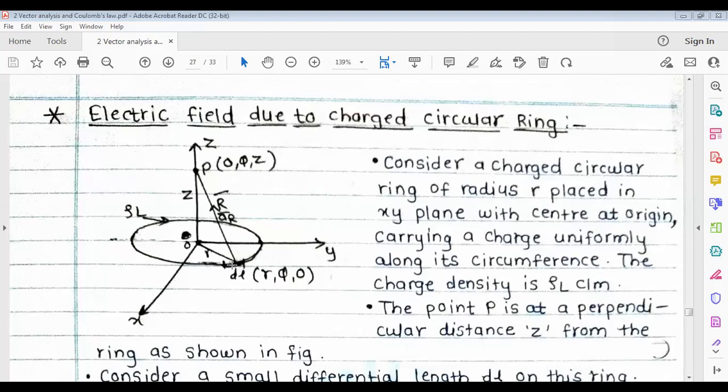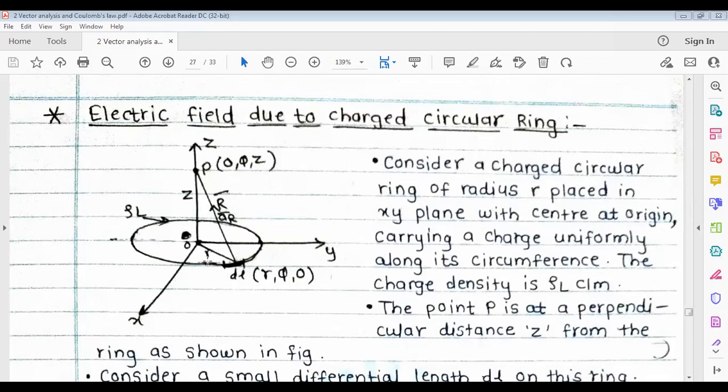When we are considering the small section of this circular ring, whose length is dl, the charge placed on this dl is equal to dq. Now the coordinates of this dl, as we are considering the cylindrical coordinate system, are r, phi and z.